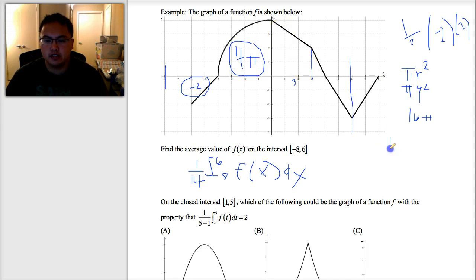If you feel more comfortable seeing the formula, it's base 1 plus base 2 over 2, times the height. So this was 4, this was 2, so it's 6. 6 divided by 2 is 3. My height is 3, which means the area of this whole trapezoid is 9.